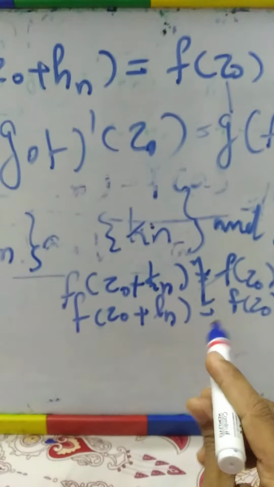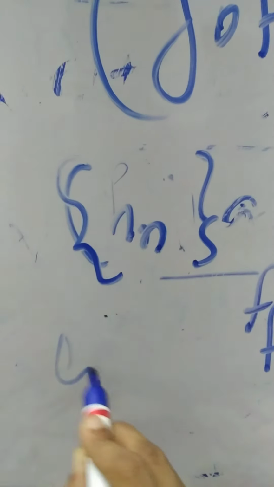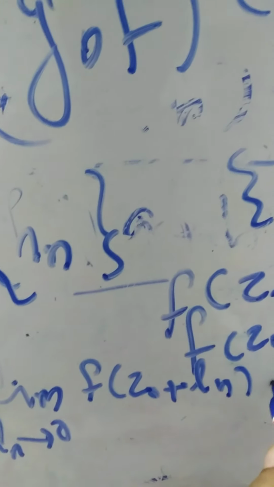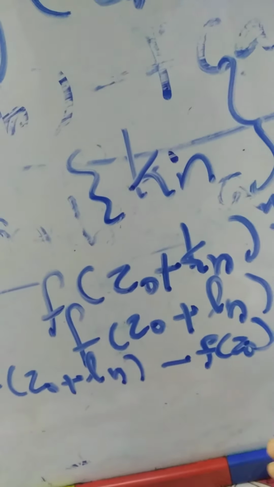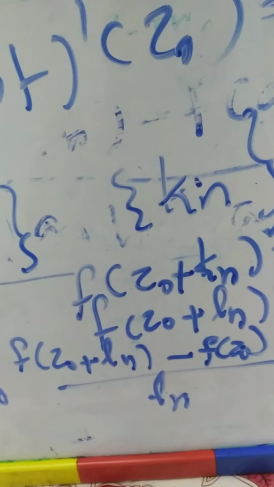Then what will happen? What about this limit: limit l_n tends to 0 of f(z naught + l_n) minus f(z naught) divided by l_n?